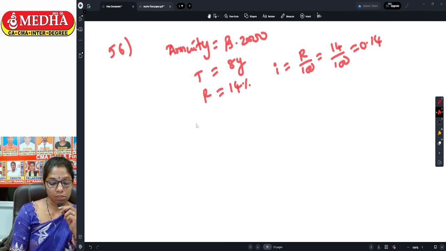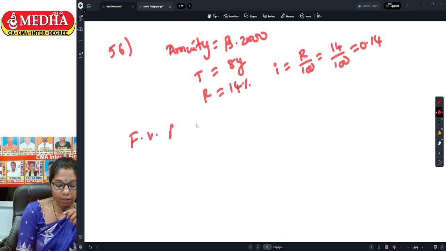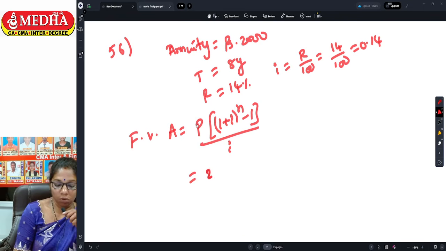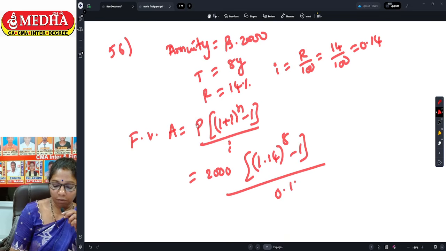So, installment is 2000, time period is 8 years and rate of interest is 14% per annum. I is equal to R by 100, that is 0.14. So, future value of annuity is nothing but P of (1 plus I) whole power n minus 1 by I. That is 2000 of (1.14 whole power 8 minus 1) by 0.14.